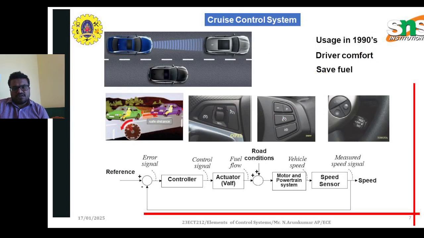Cruise control: every car now has a number of control systems in its own model. Suppose you want to hear more songs at the same time, we can control that over the cruise control option, and not only for controlling the songs.